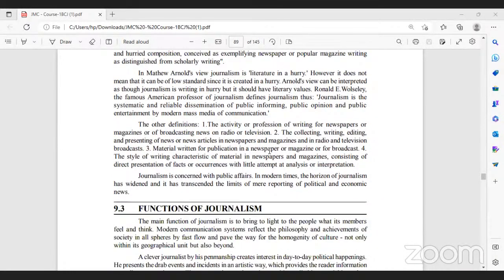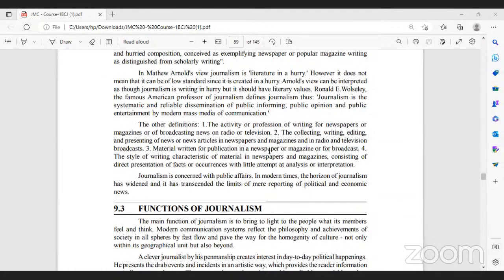Other definitions could also be the activity or profession of writing for newspapers or magazines, or broadcasting news on radio. So in general, it is an activity or a profession.